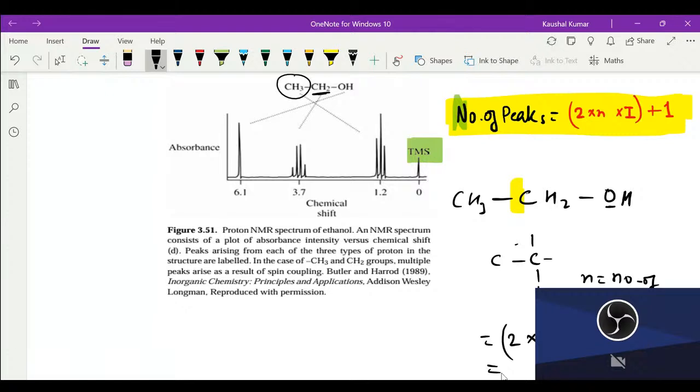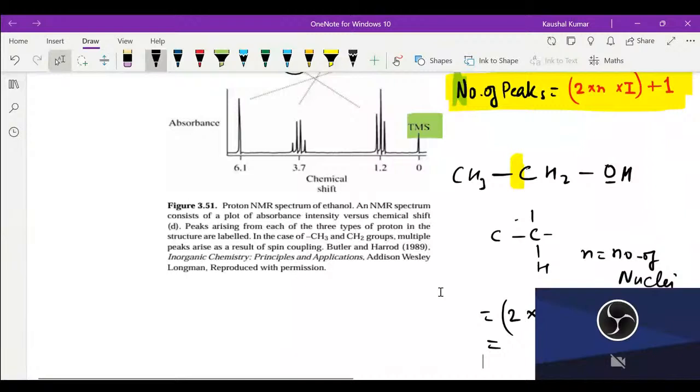How many peaks will you get? You can answer in the chat, please. A humble request. How many peaks, the number of peaks? What will be the value?